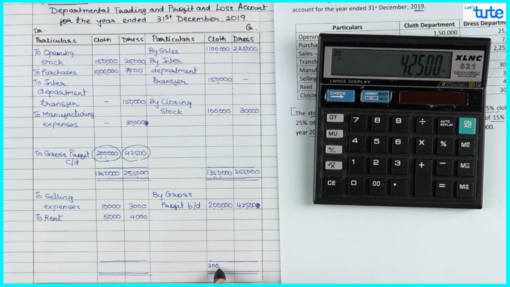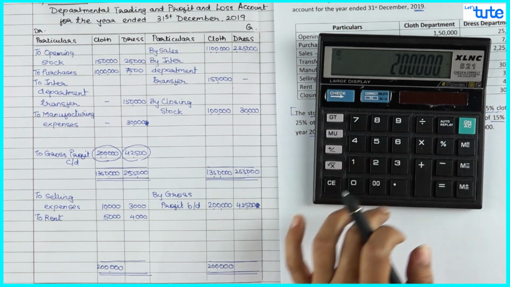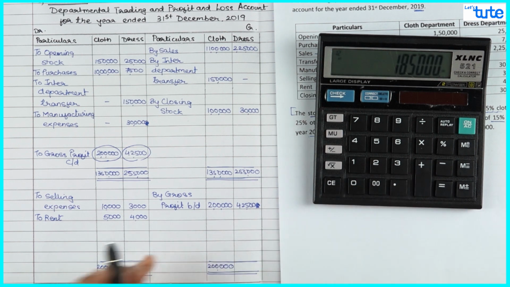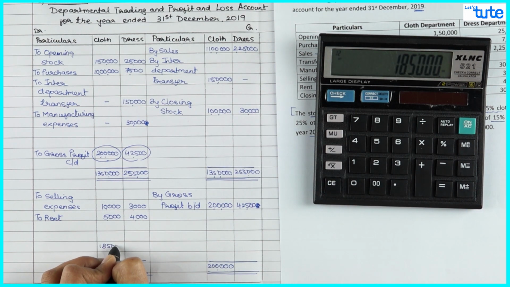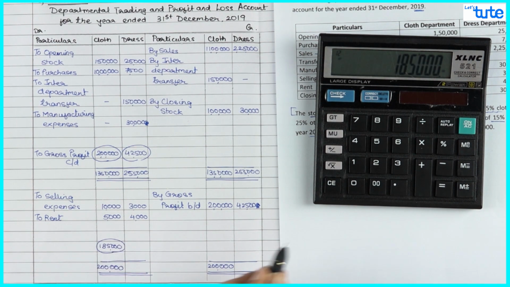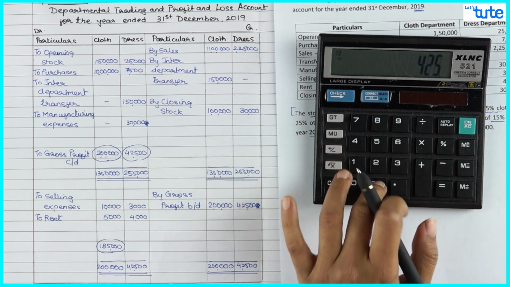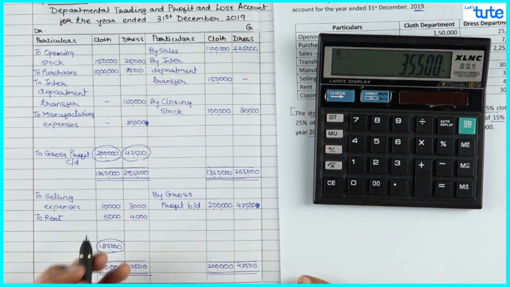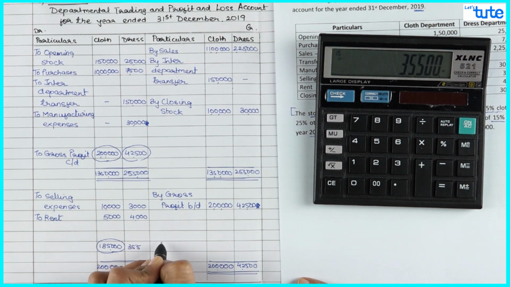Now this is 2 lakhs, minus 10,000 and 5,000, 15,000. So that comes to 1,85,000. And this is 42,500, so it is 42,500 minus 7,000. 3 plus 4, 7,000. So that is 35,500.